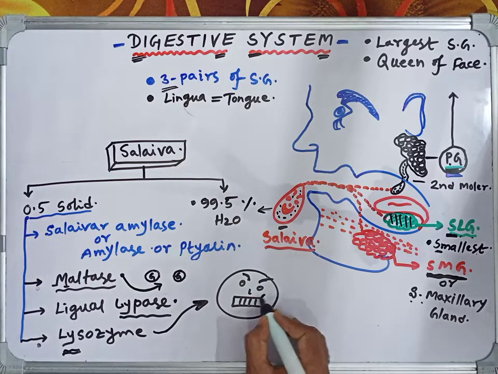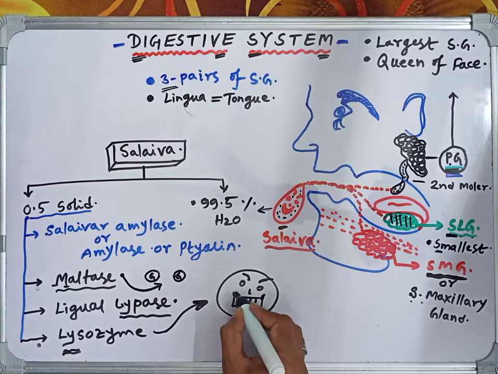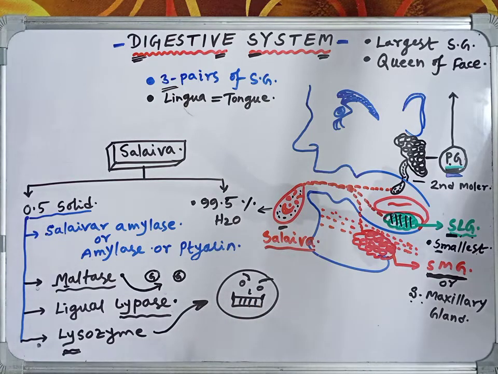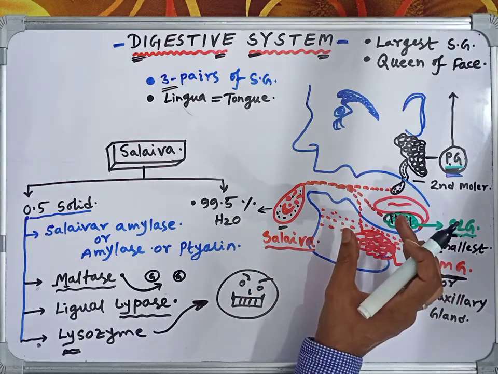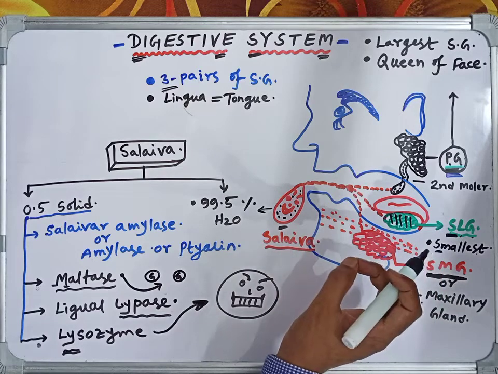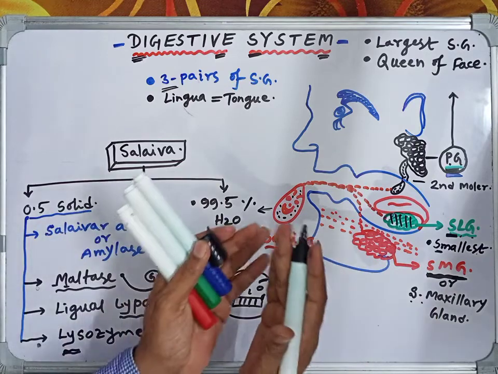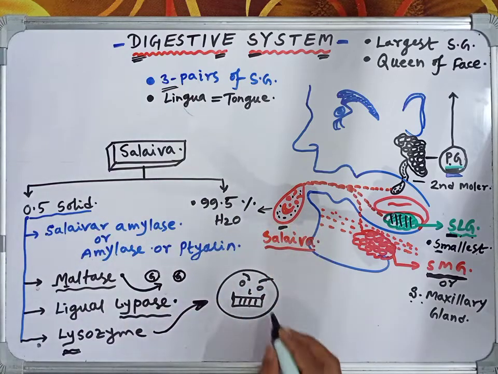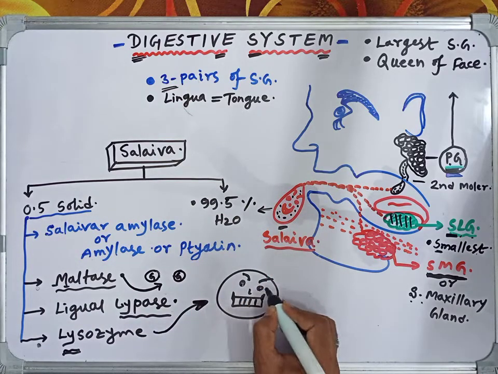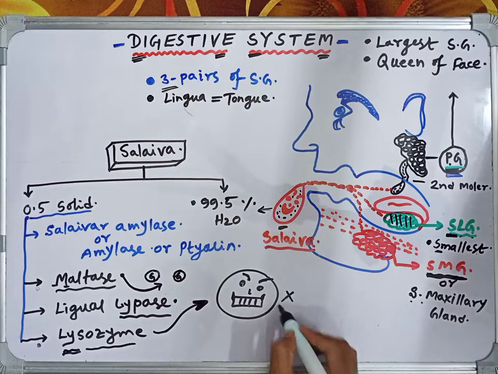When you consume food, bacteria come in, but first your jaw, that is maxilla and mandible, which contain teeth, masticates the food along with the tongue. After that, if the bacteria survive, they are attacked by lysozyme.